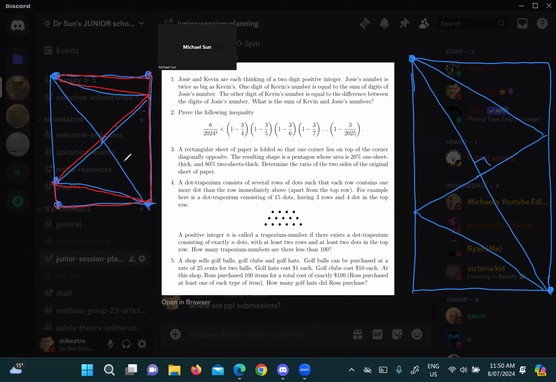So what does that mean? That means it adds up to 120%. No, it doesn't. It adds up to 100% of the pentagon, right? Oh wait, I did 20 plus 20. I mean, 100%.